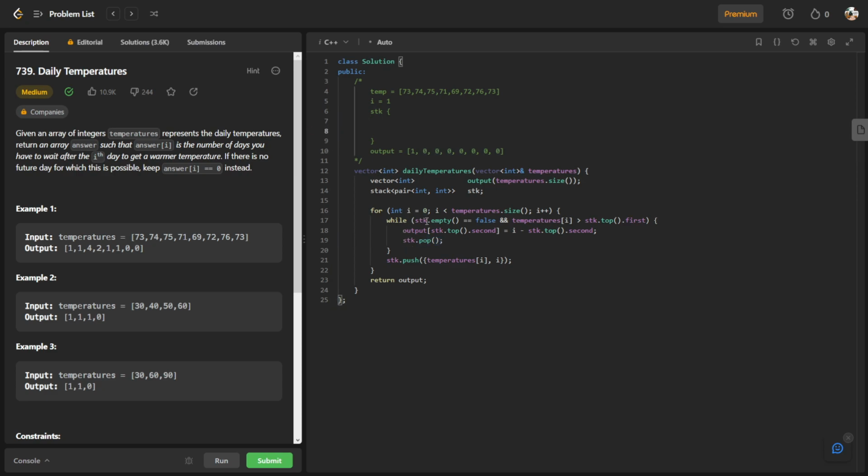and since now the stack is empty, we push the new temperature, which is 74 with index 1. Our i now turns to 2, and we're looking at 75.